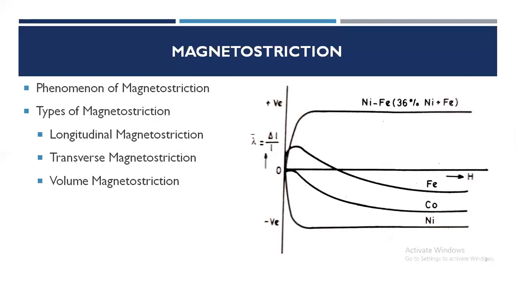Shortly repeating: first is longitudinal magnetostriction, a change in length simply. Second, transverse magnetostriction, a change in dimensions perpendicular to the magnetization direction. And third, volume magnetostriction, a change in volume as a result of the first two types, longitudinal and transverse.